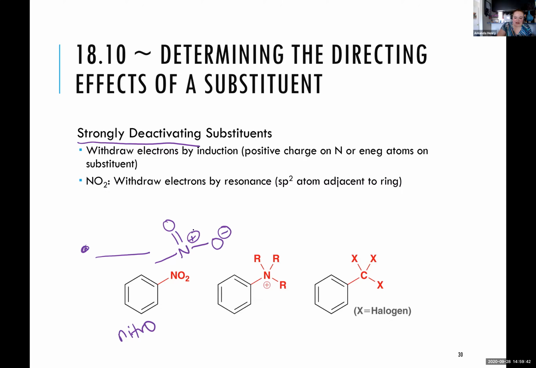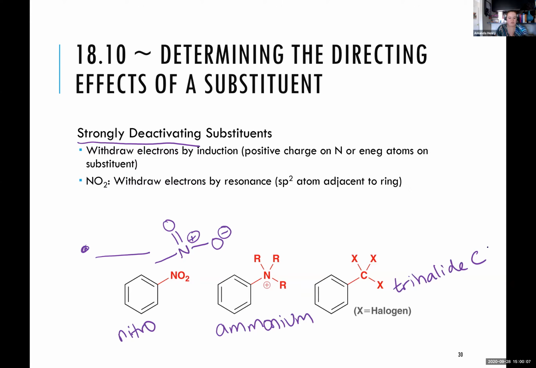And we have a nitrogen with a positive charge. So this is an ammonium. And then we have a carbon with 3 halogens attached to it. So a trihalide carbon. So again, they're all deactivators, which means they're all withdrawing electrons.